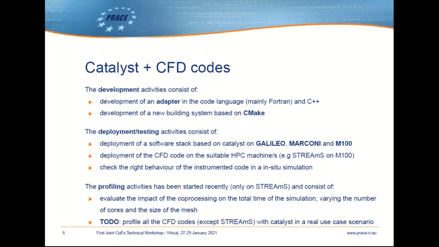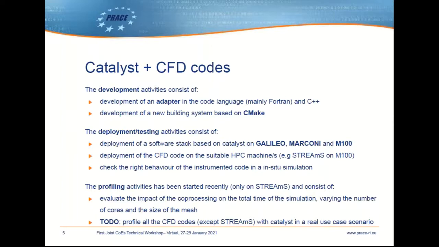Since normally the code is written in a language which is different from the one used in VTK, you have to develop an adapter with a mixed language. For example, normally it is Fortran for the in-house research codes, and C++, which is the language of VTK.